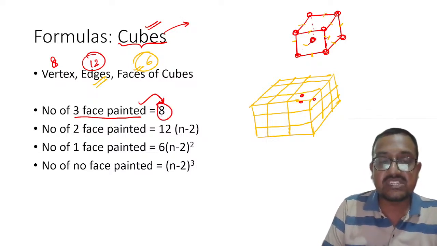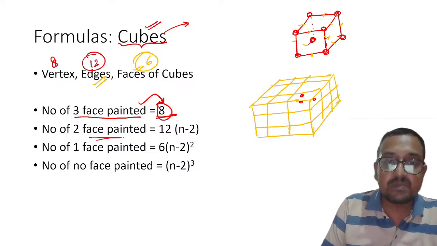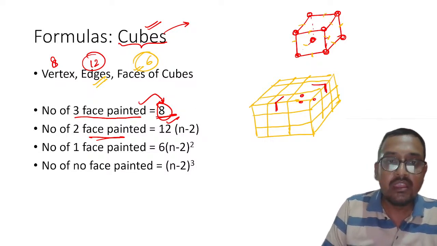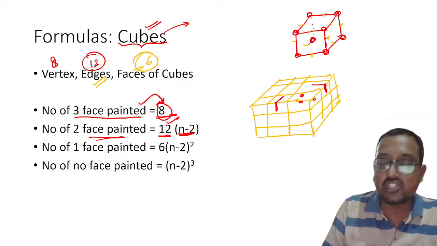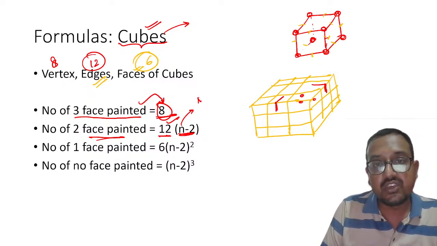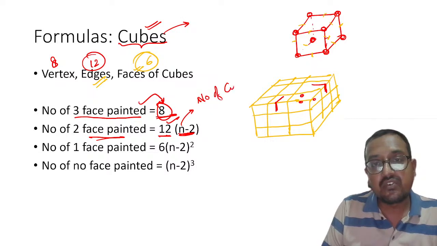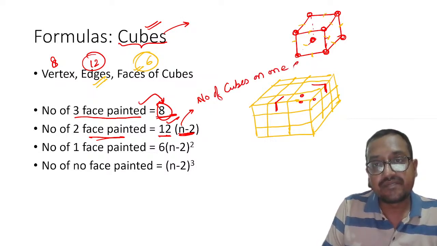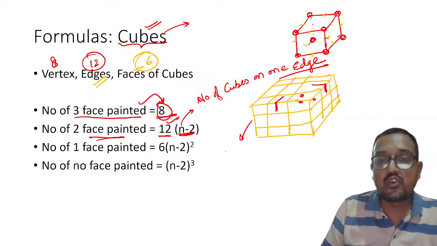Please remember this is fixed, always 8. 2-face painted cubes will be given by edges, so 12 multiplied by (n minus 2). What is n? Please remember it is the number of cubes on one edge. Clear?